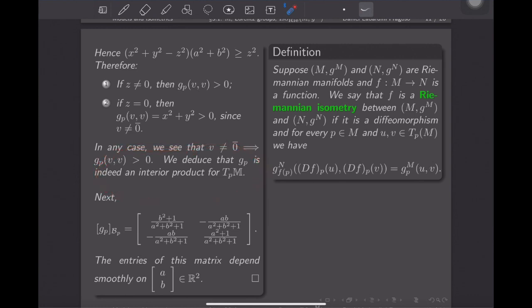So I would still have to check non-degeneracy. I would still need to check that g_P, from T_P M cross T_P M to R, is non-degenerate.